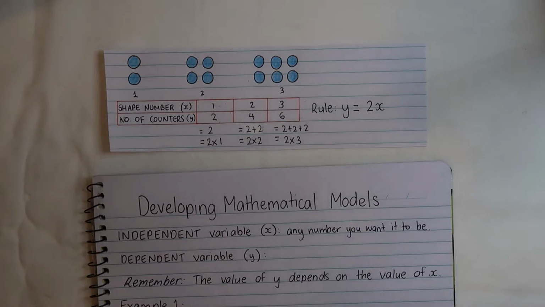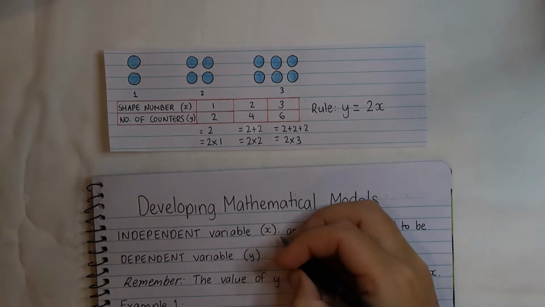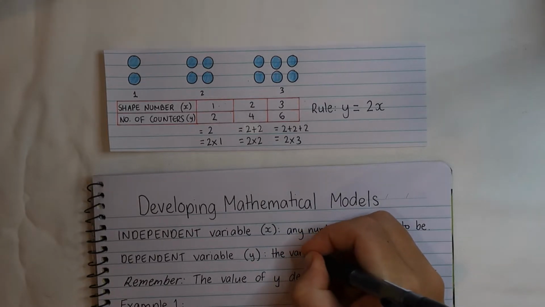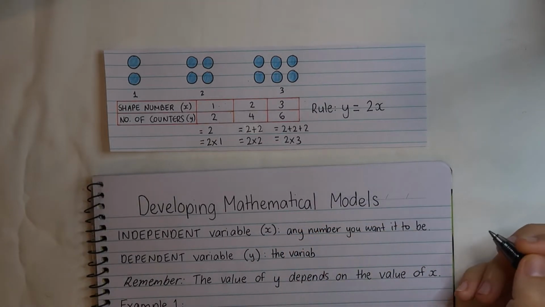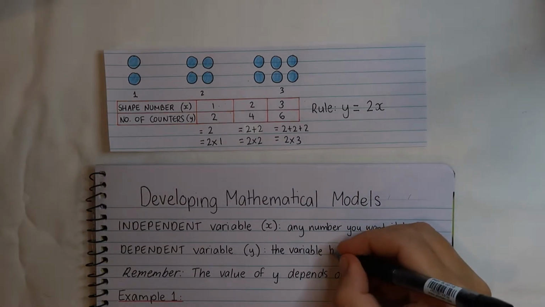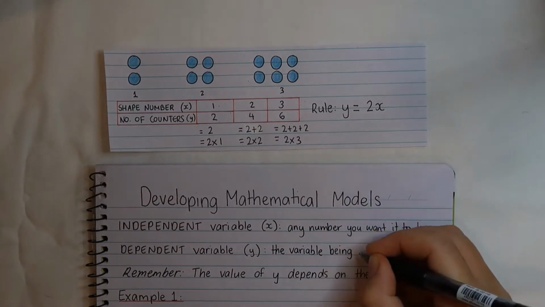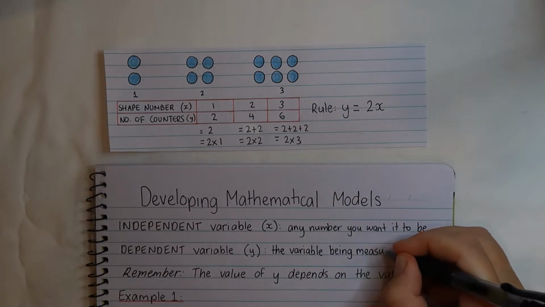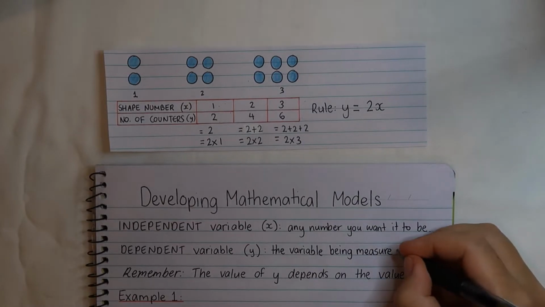And it's our dependent variable because the number of counters depends on the shape number. And it's always the variable being measured.